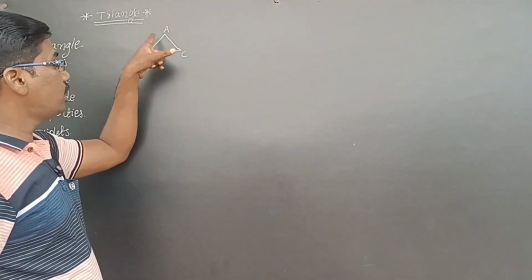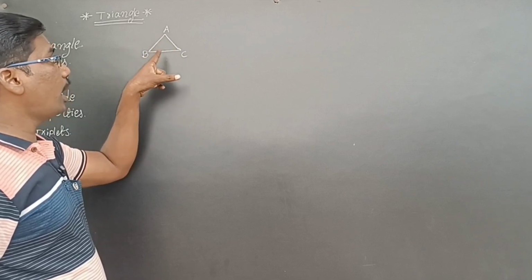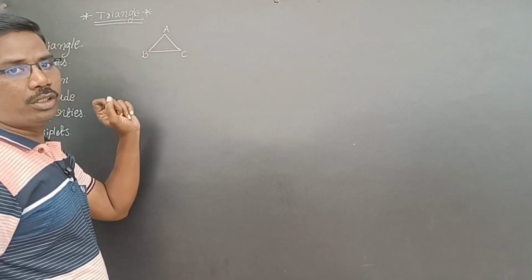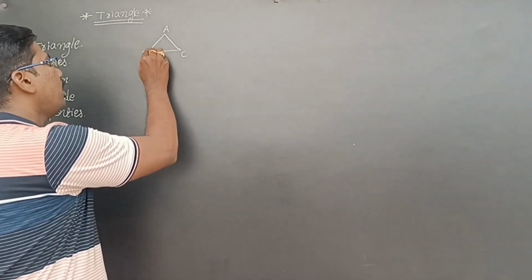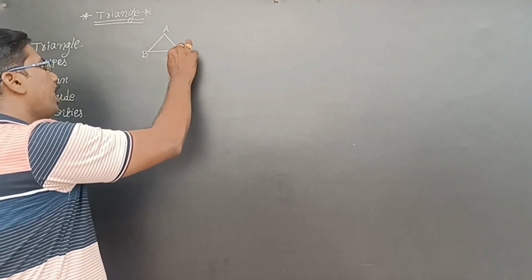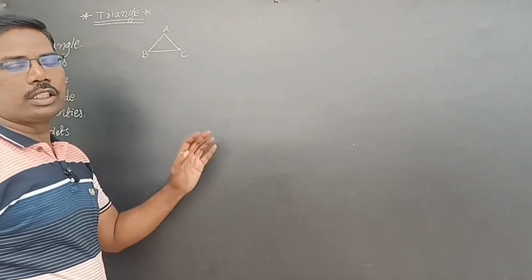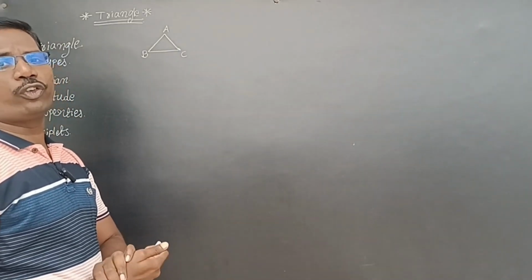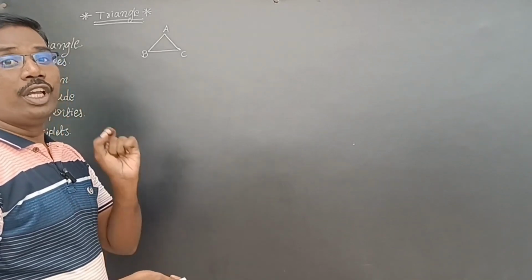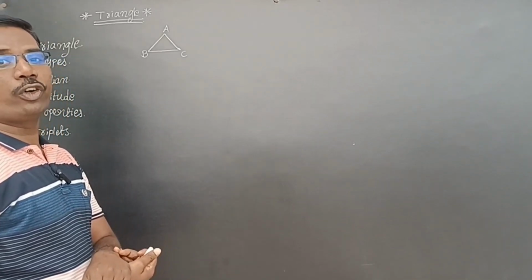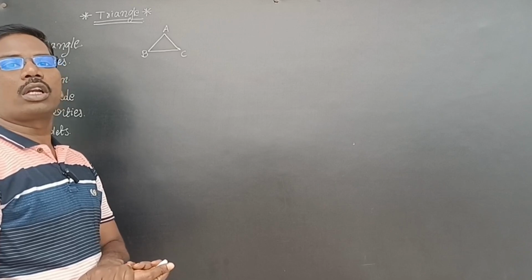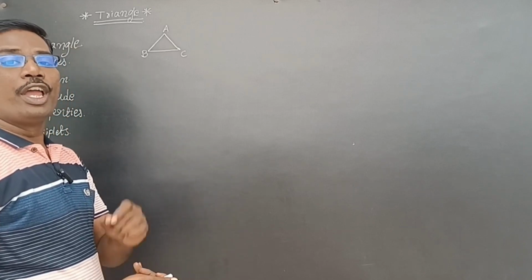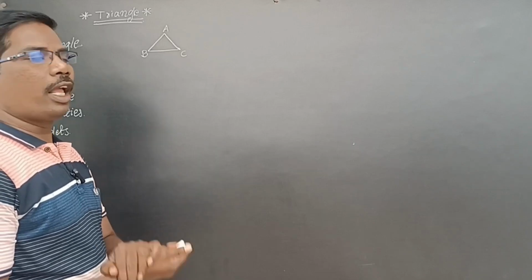This is a closed figure formed by line segments, and two line segment endpoints are meeting at one point, at corners. A polygon with three sides is called a triangle, or a simple closed figure which is formed by three line segments is called a triangle.